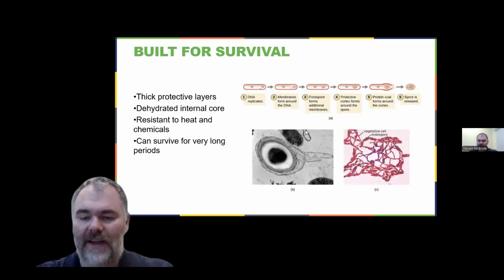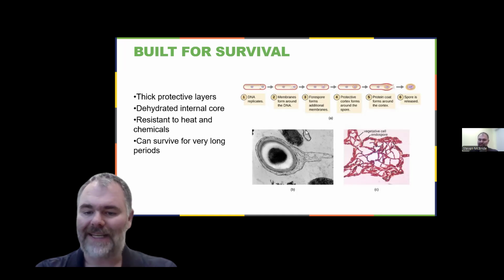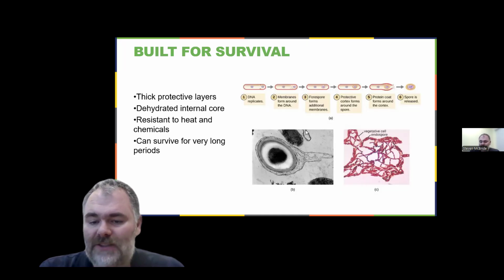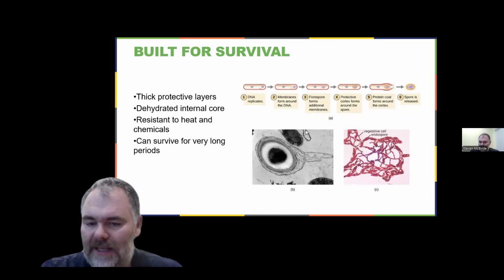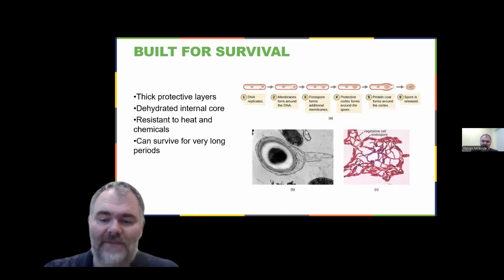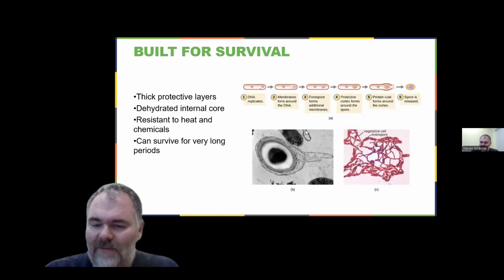One major factor that contributes to resistance is dehydration of the core. The internal environment of the endospore contains very little water, which helps stabilize proteins and DNA and reduces damage from heat and chemicals. Endospores are highly resistant to boiling temperatures, drying, radiation, disinfectants, and many harsh environmental conditions that would rapidly kill active bacterial cells. On the lower right, you can see a stain showing vegetative bacterial cells containing endospores.